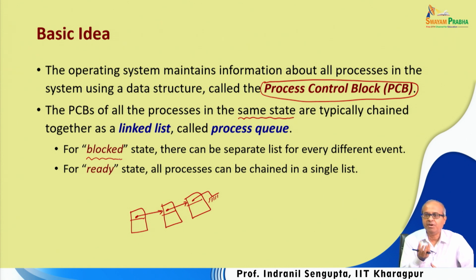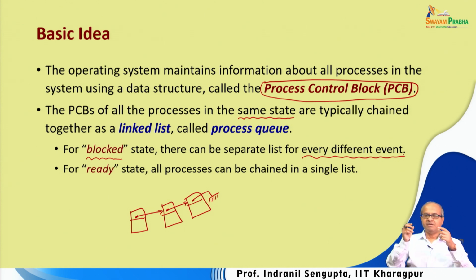There can be multiple processes which are waiting on the same semaphore. So, for the blocked state, all the processes may not be maintained in the same queue. There can be multiple queues corresponding to the different events. For every different event, typically a separate list is maintained.